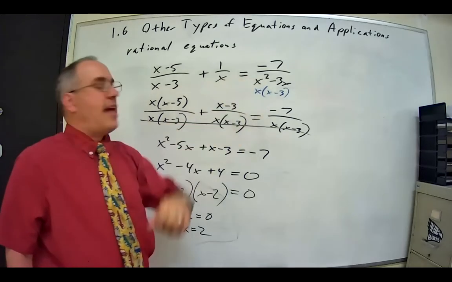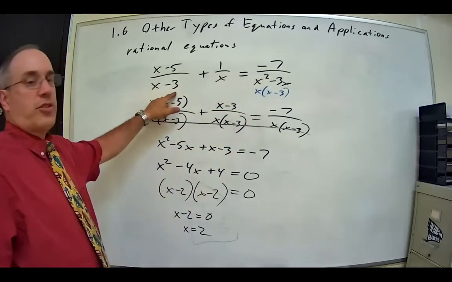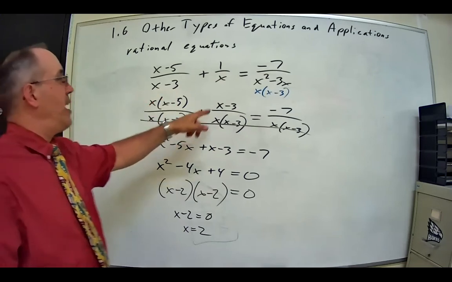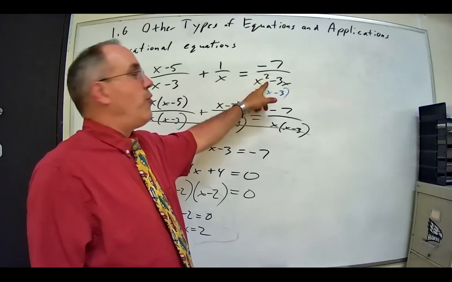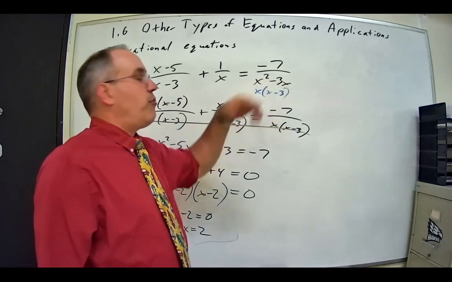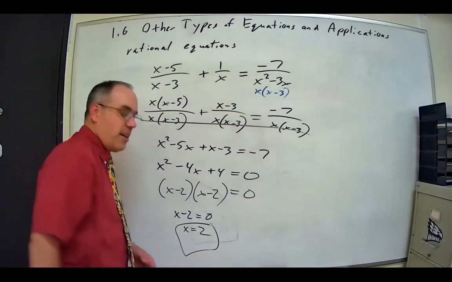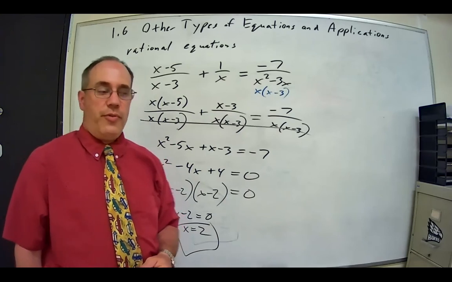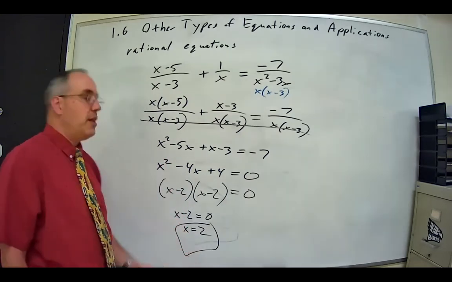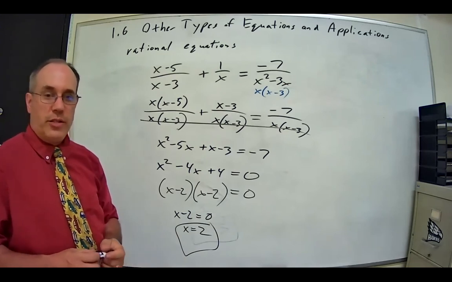Now we look and just make sure that that doesn't cause any problems up here. 2 minus 3, negative 1, that's okay. 2, that's okay. 2 squared is 4 minus 6, is negative 2, so we're okay. So the solution is x equal to 2. It was our proposed solution, and it worked when we went back to the original equation.